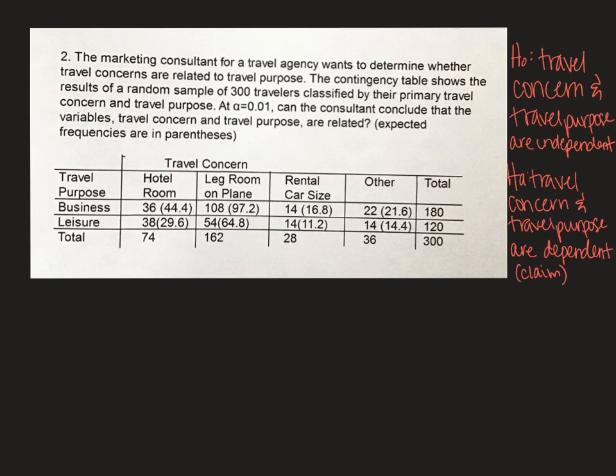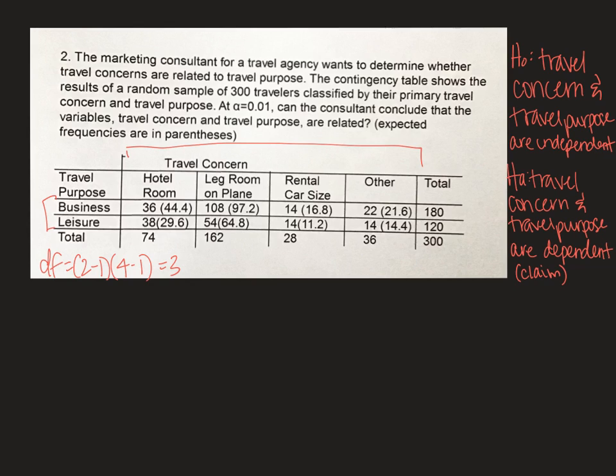So we have 2 rows because we don't include our totals or our headings. So we have 2 rows and we have 4 columns. So our degree of freedom, 2 minus 1 times 4 minus 1, or 1 times 3, which is 3.